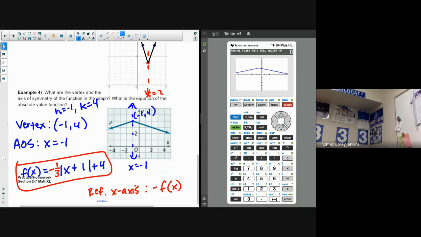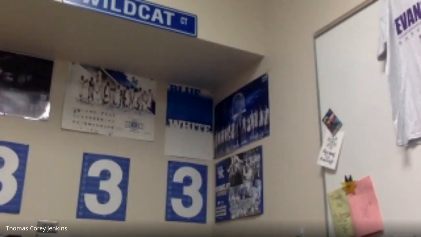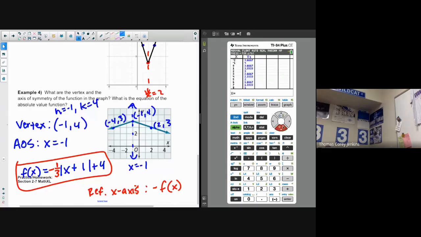So let's see when we look at our table if that all matches up. I'm going to hit second graph. So negative 1 goes to 4, that looks good. And 2 goes to 3. At that point, we can feel pretty good about the fact that we got this correct.